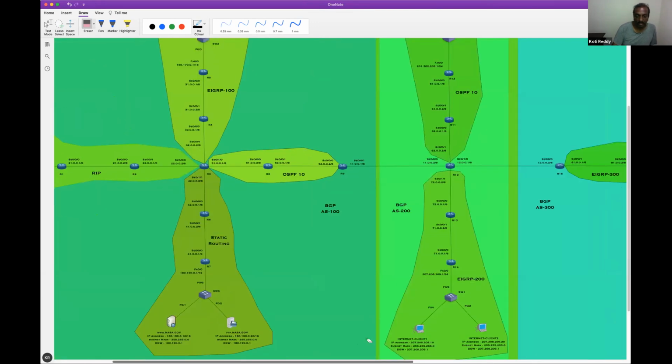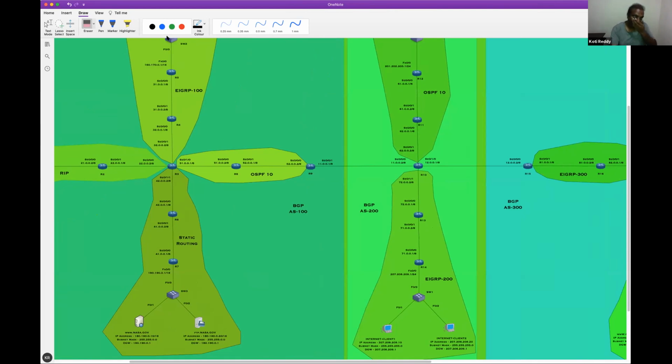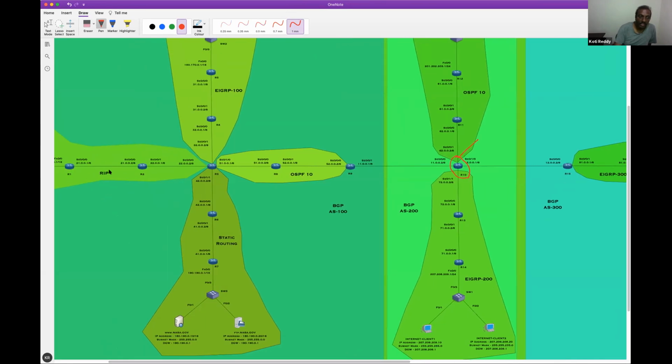Now see carefully here. If I go to R10 router and say show ip route, I don't see these routes. I don't see the 20 series routes or 30 series, 40 series or 50 series routes. I don't see these routes on R10. Let's see that. So I go to R10.